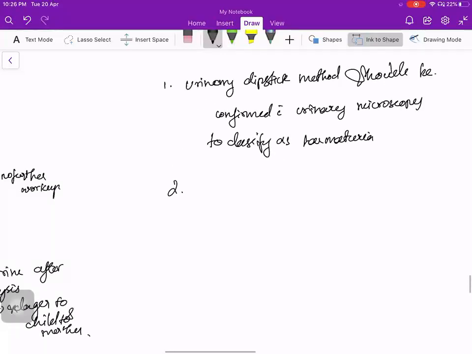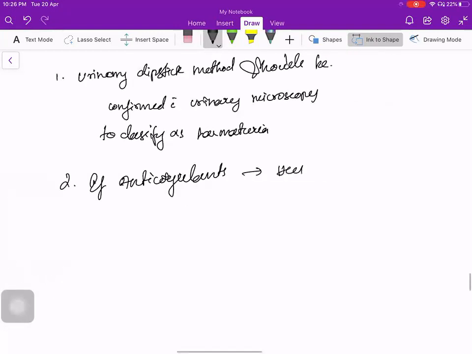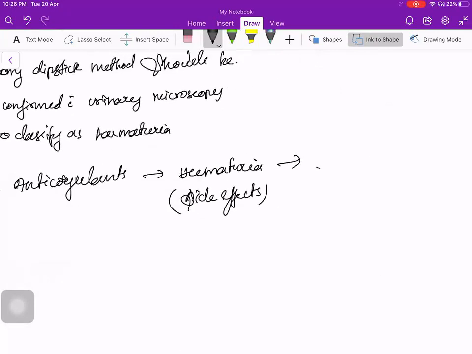Other things: the patient is taking anticoagulants, which means these patients will have hematuria maybe due to that. But for these patients also we have to work up for other causes of hematuria.